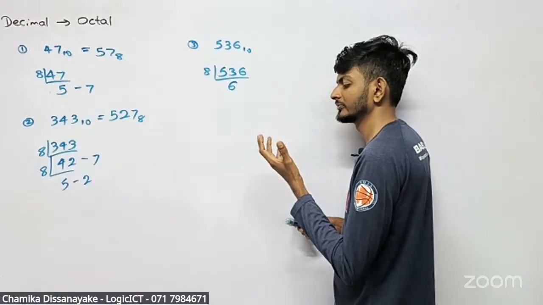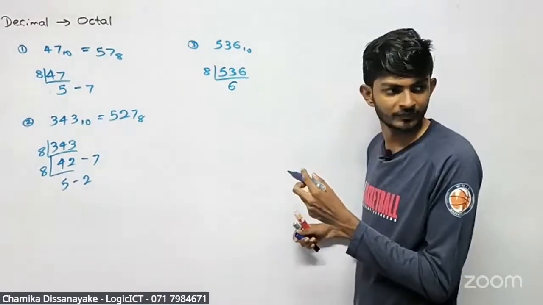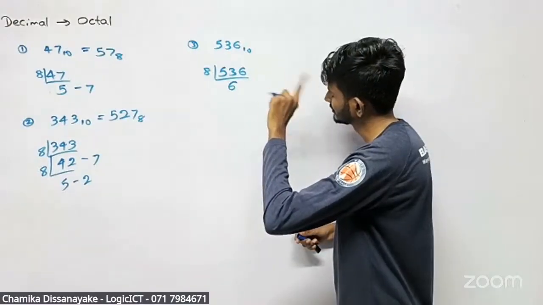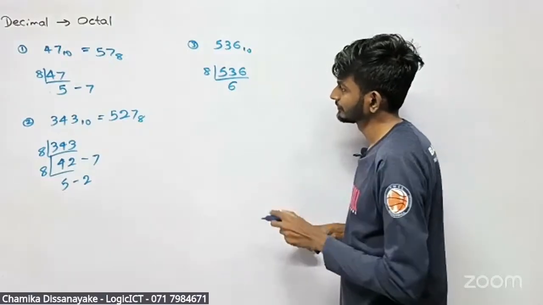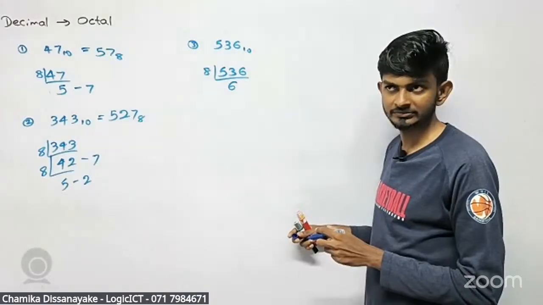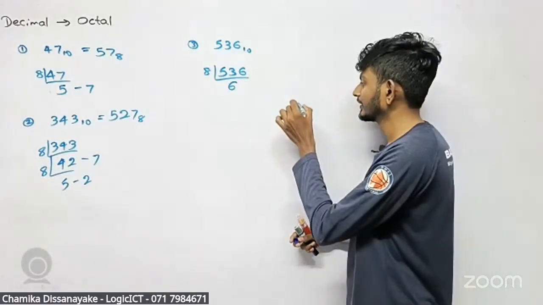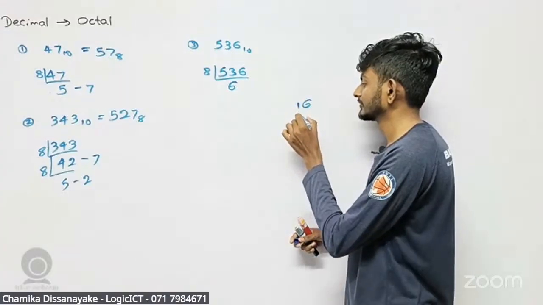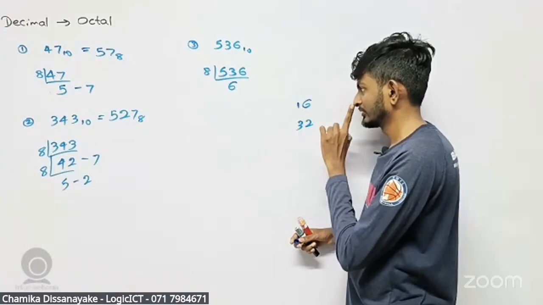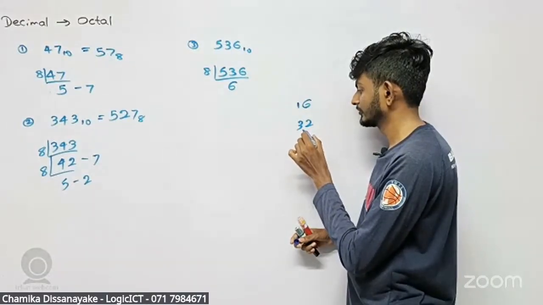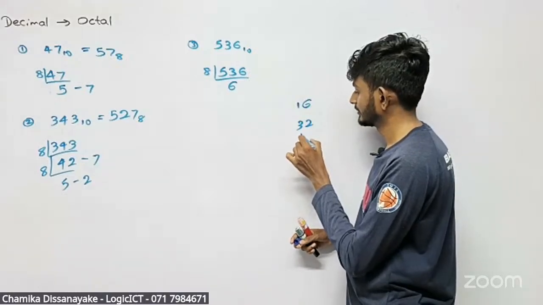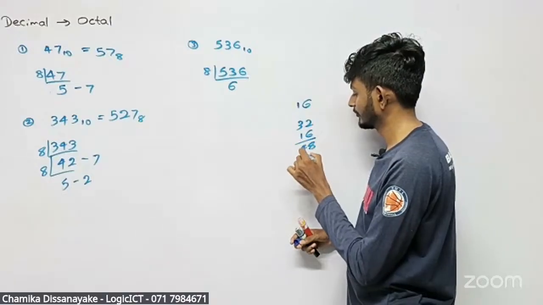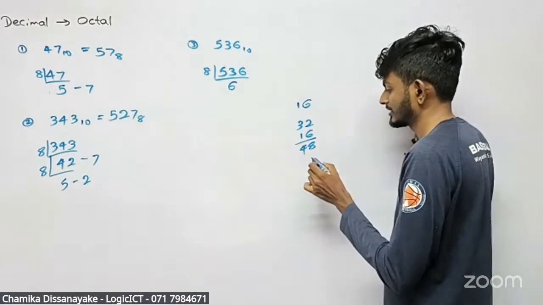Again, 56. 56 means, I think, 7 times 8. 8 times 7 is 56. Let's check, 60, we have 8, 48.